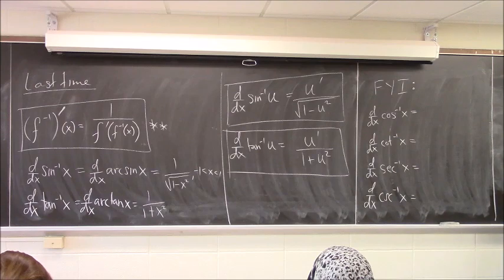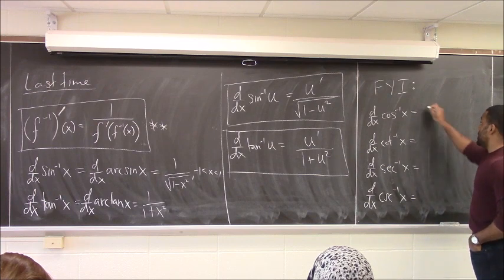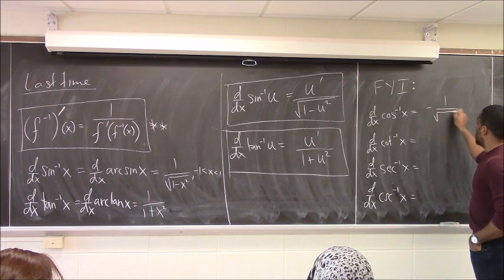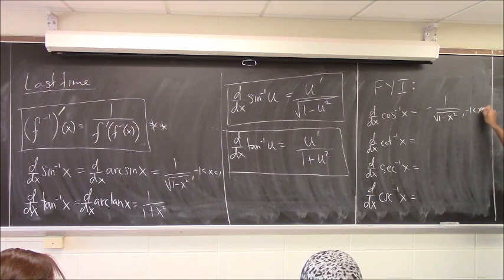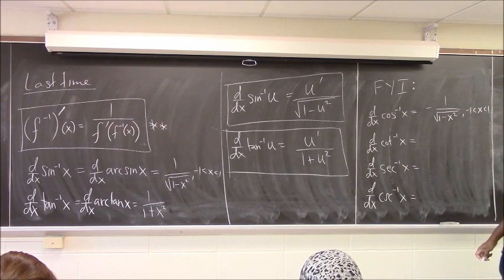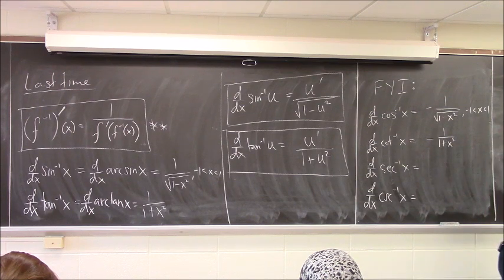It turns out they kind of work in pairs. They're very similar. The cosine inverse, the derivative of that is actually the negative of the derivative of the sine inverse, working in the same range. And the cotangent inverse is actually the negative of the derivative of the tangent inverse function, also working in the same range.